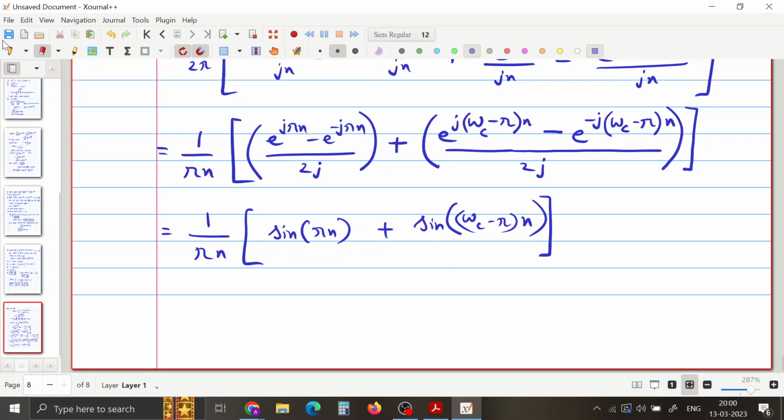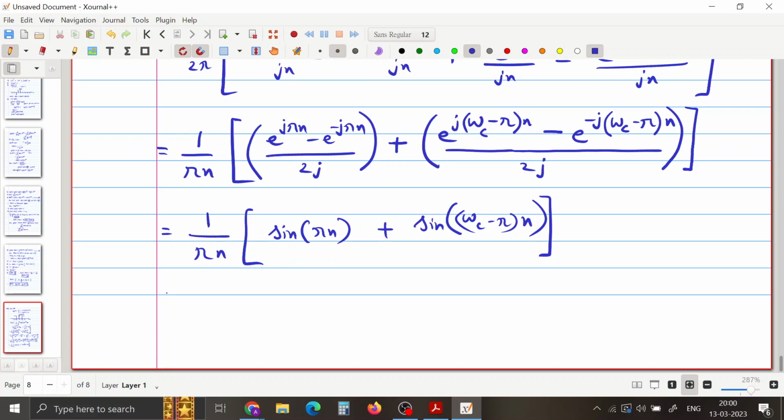So, what about this first term, sine pi n? Remember, n is an integer. So what happens to sine pi n? Now it will become 0. Exactly.